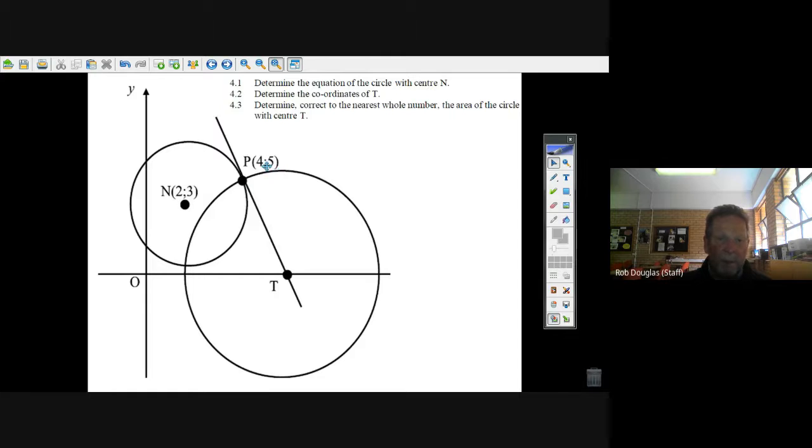Then I use a point. I use the equation with the point and the gradient, and then I'll have the equation of this line, and then we can figure out T. I think it's 6 marks, it's a lot of marks. To figure out T, the first thing is to find the gradient of NP.